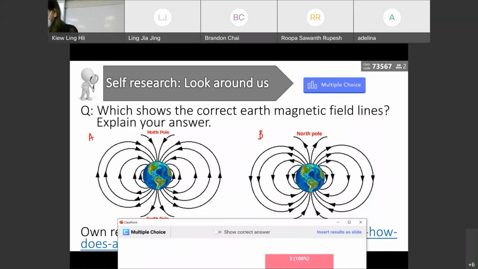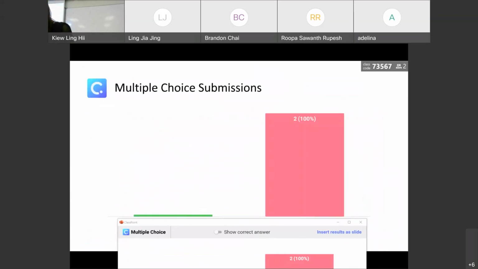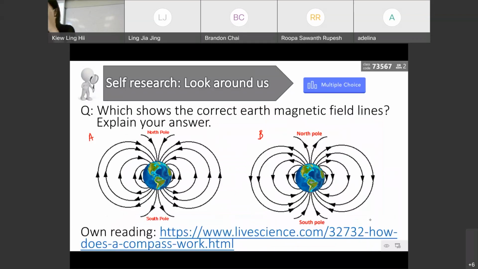Okay. So most of you choose 2, huh? Okay, so you choose 2 because you know that magnetic field moves from North Pole to South Pole, am I right? Okay, but I would like to tell you the correct answer is actually A.